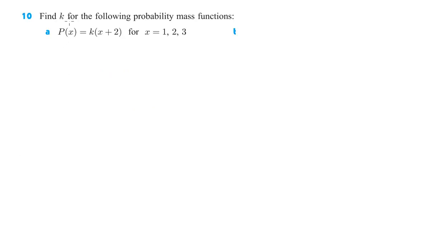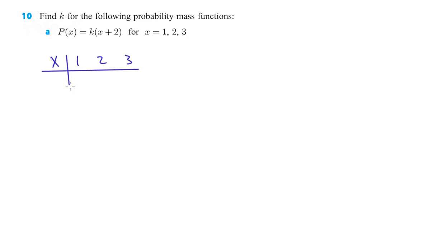Okay? All right, last one to take a look at here is number 10. Find k for the following probability mass functions. Okay, so let's make ourselves a little table here. We've got x, and then we'll have 1, 2, and 3.